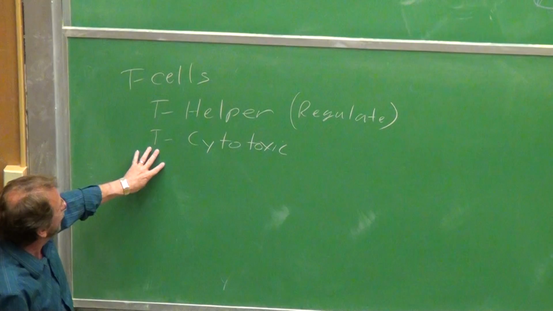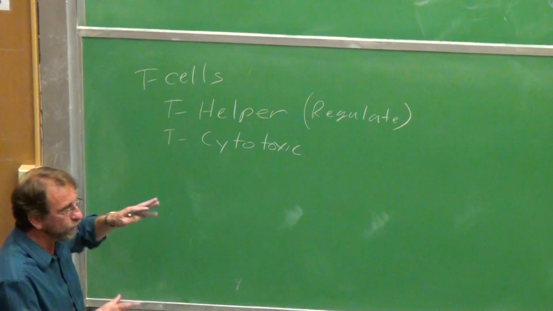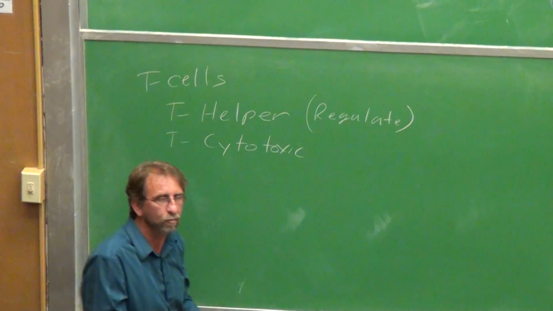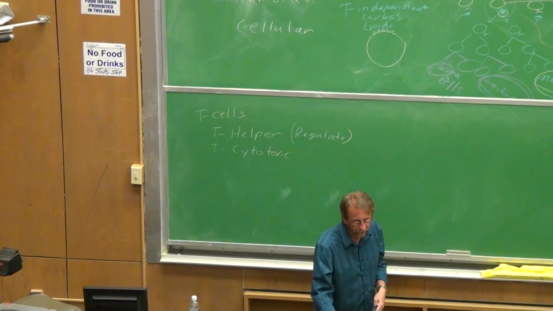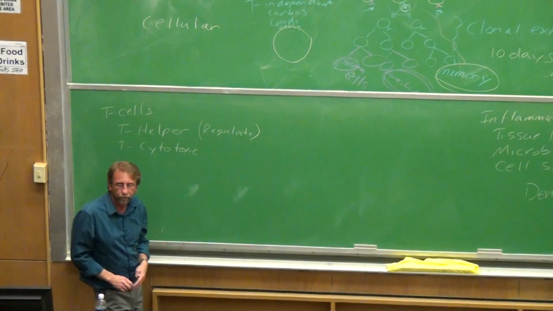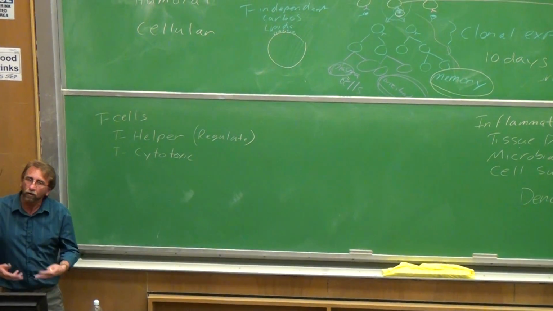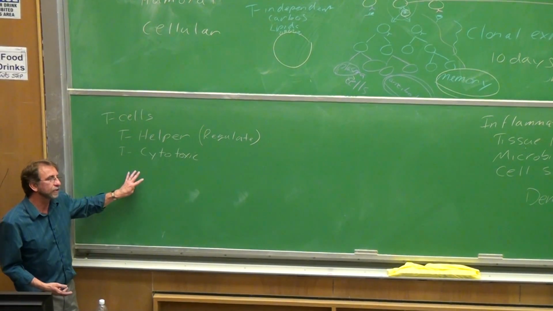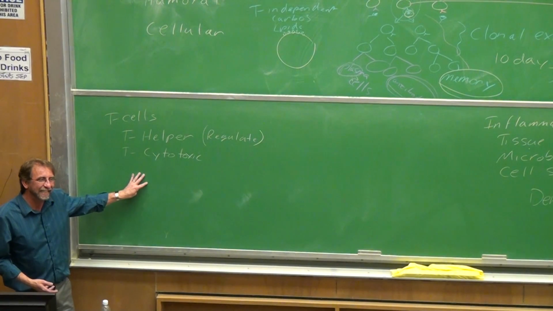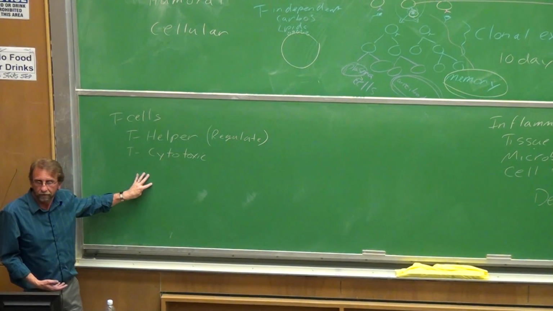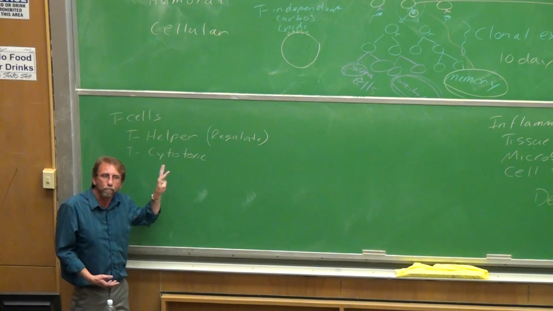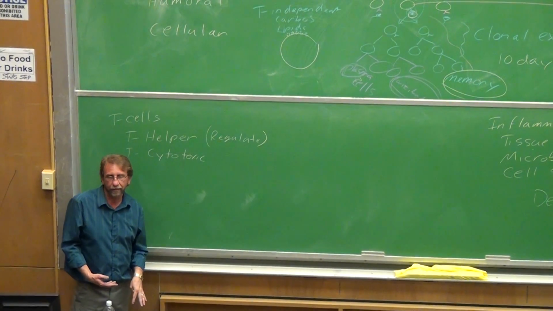A couple of things to say about T cells. Again, they're going to recognize very specific molecules, so there's high specificity here. They never produce antibodies. Only B cells produce antibodies. T cells never produce antibodies, and they never interact with free antigens. The T cell must be presented the antigen.